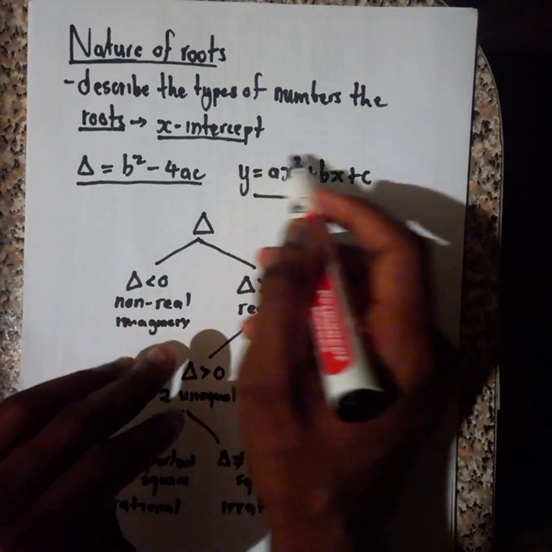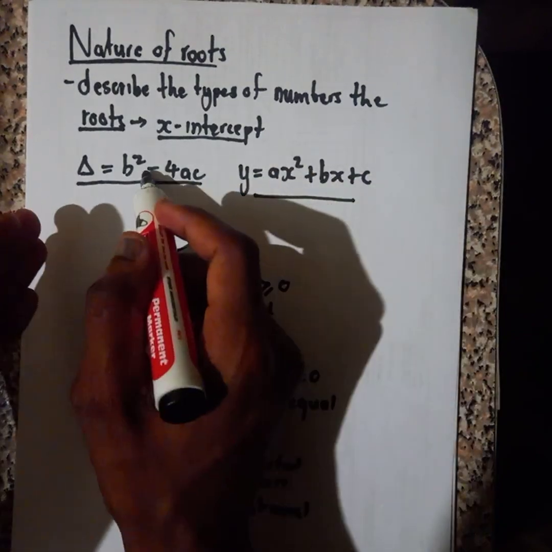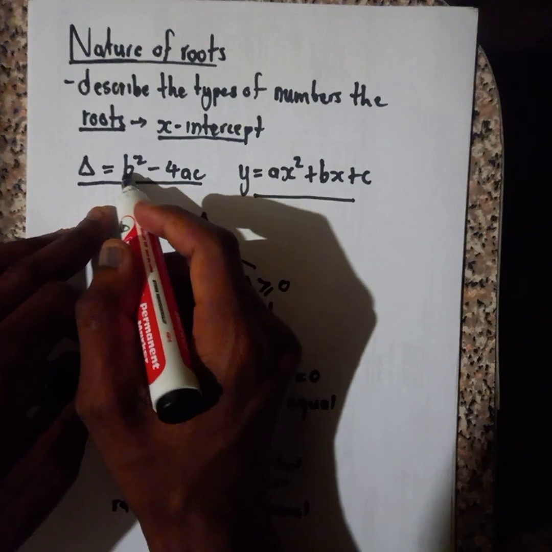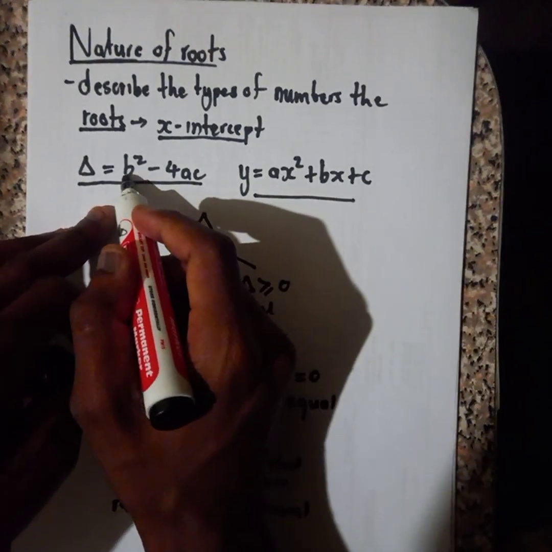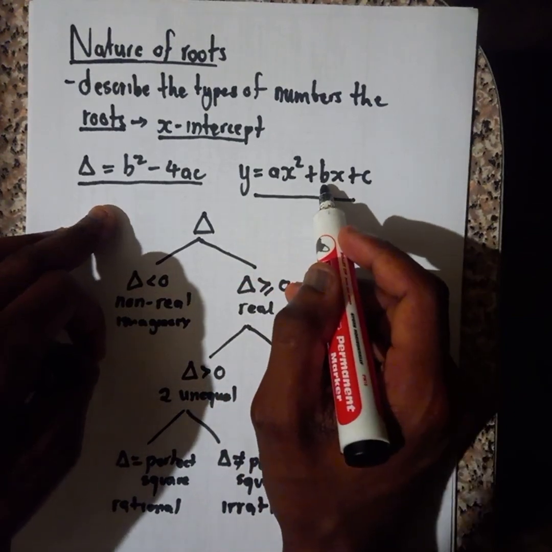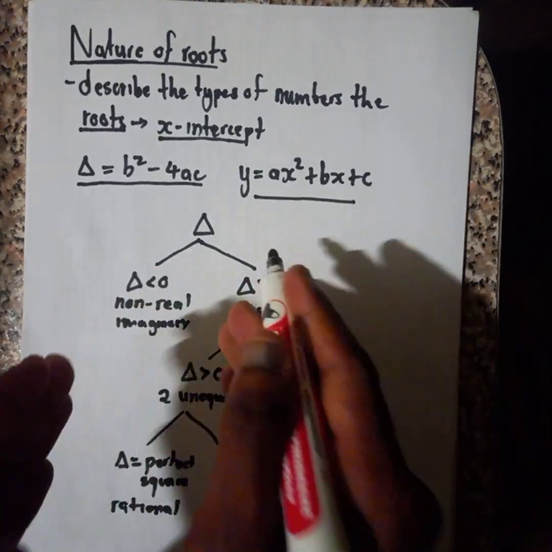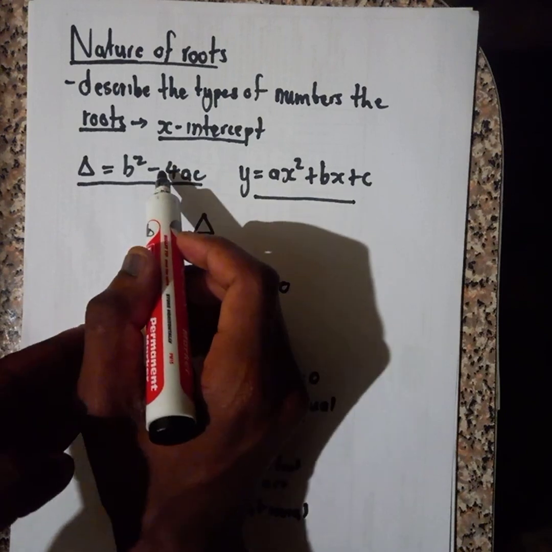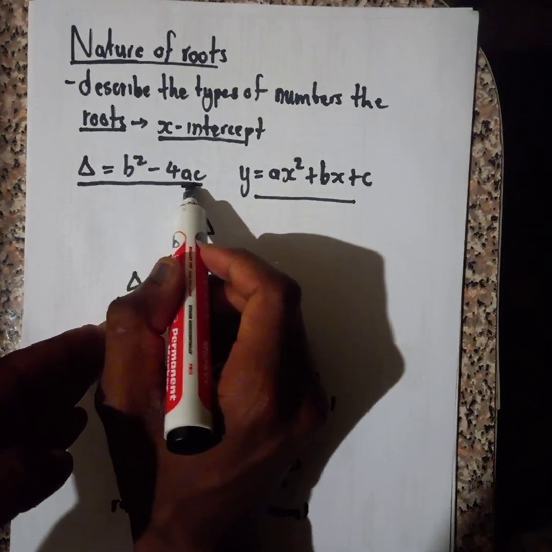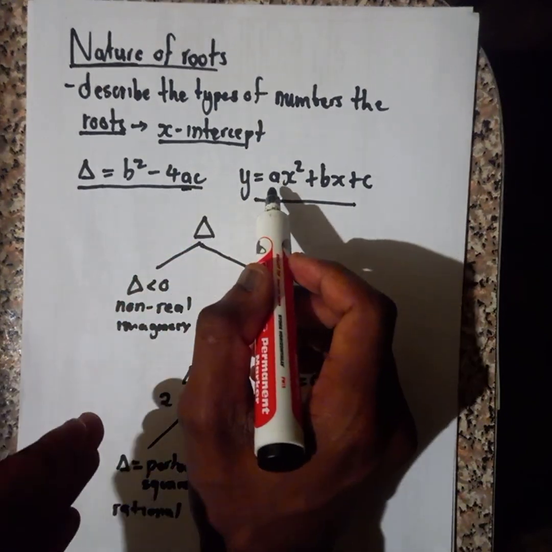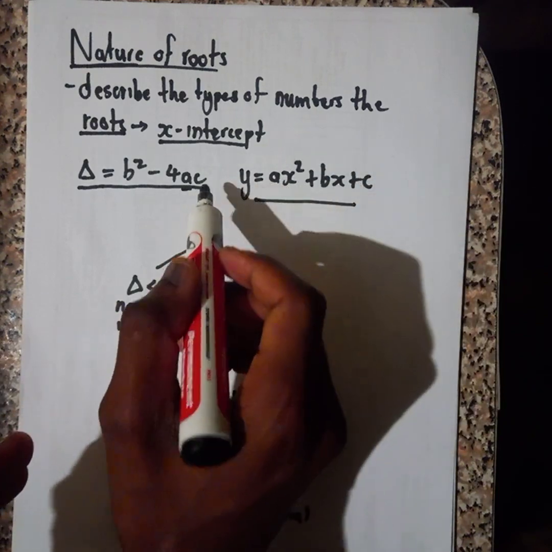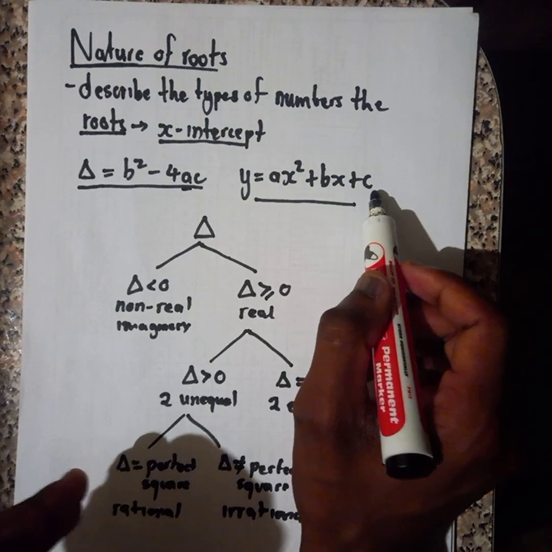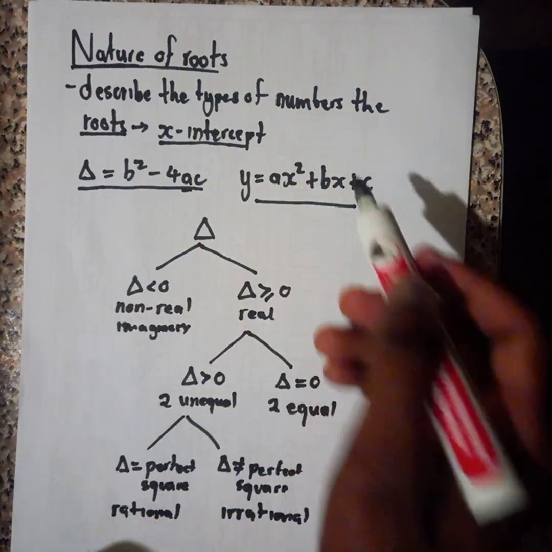I wrote this one so you can see where the values of a, b and c come from. The value of b is the number next to x. The value of a is the number next to x squared. For c, it's just that number there.